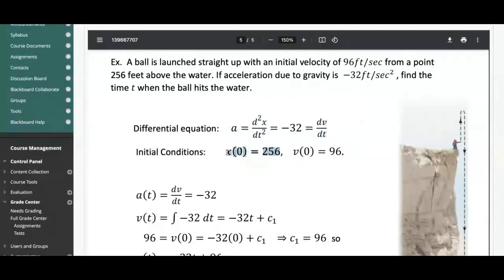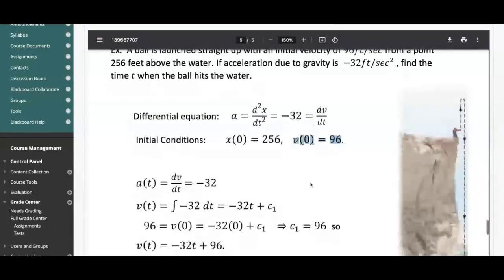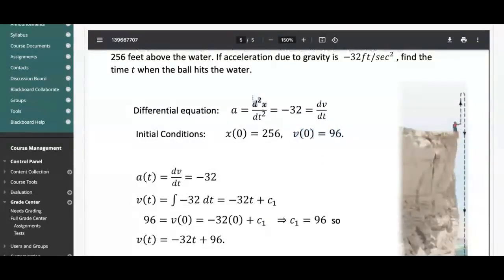At time 0, it's 256 above the water, and v of 0 equals 96, because we're given this initial velocity of 96. So to solve a second order differential equation, we need two initial conditions.